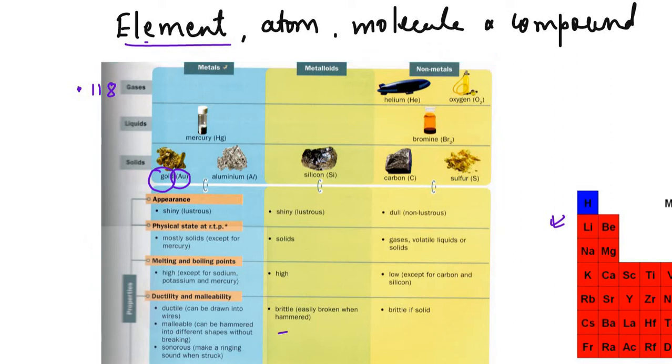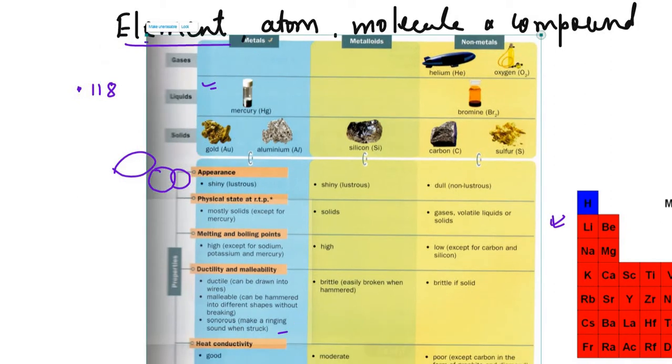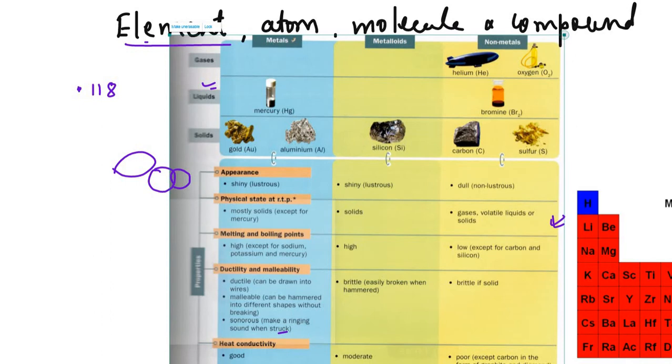Metals will always be in a solid state, except mercury, which we already know we use in the thermometer. Now what about non-metals and metalloids? Non-metals will mostly be in gaseous form or liquid form, or some are solid. This is the physical state, very important.